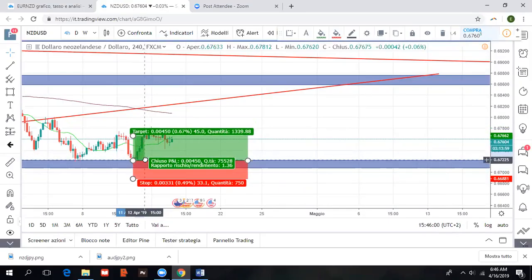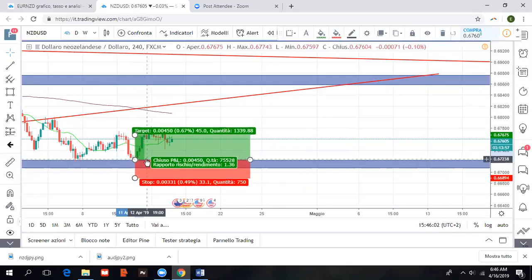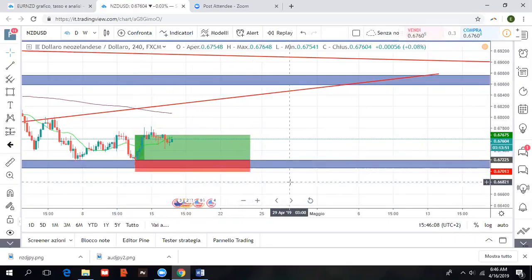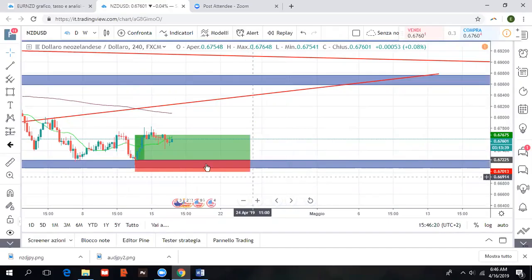And if you enter at this point, your stop loss will be closer and only of 20 pips. So it is a personal choice, and it depends on how you decide to trade, if you wait for confirmation or if you enter before that.